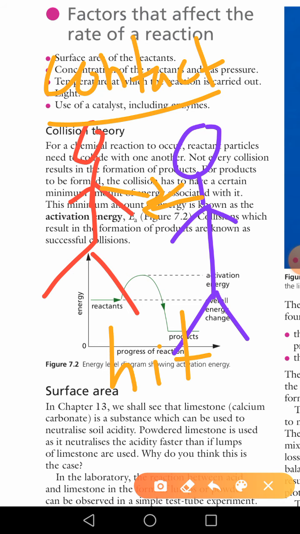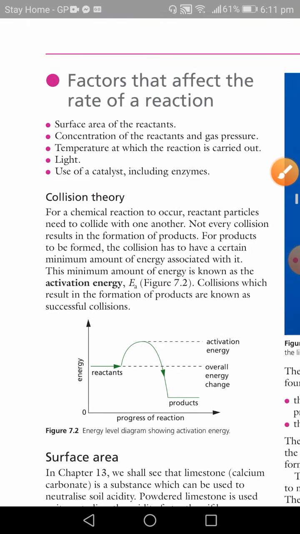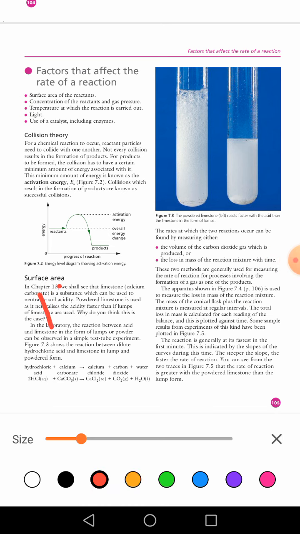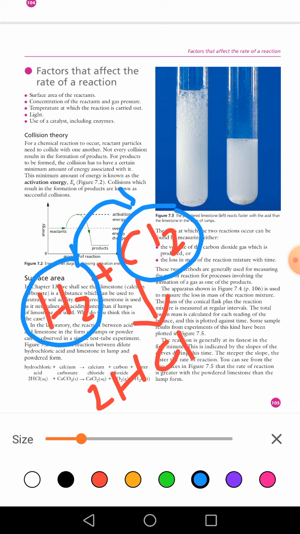For example, if hydrogen and chlorine react together to form HCl, then the hydrogen molecules and the chlorine molecules must collide with each other to cause this reaction and produce HCl.